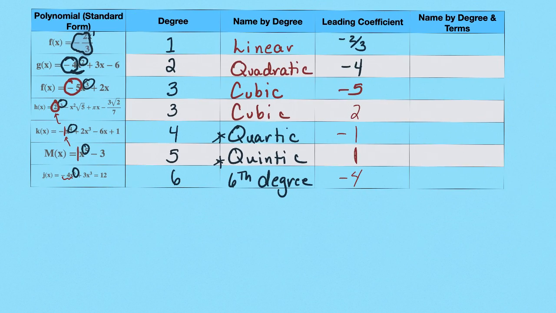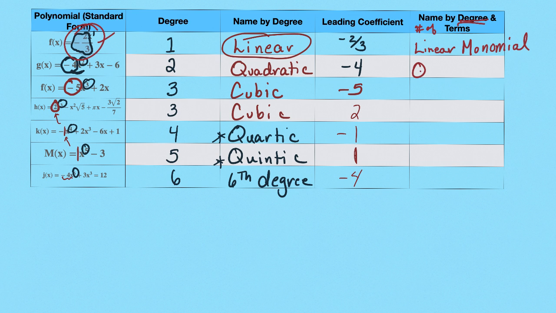All right, so that's how we name them by degree. This is how we find their lead coefficient. Last thing we'll do is look at how you name it by number of terms. So like this first one, by degree we call it linear. By number of terms, it only has 1 term, so that's called a monomial, the easiest one we have.